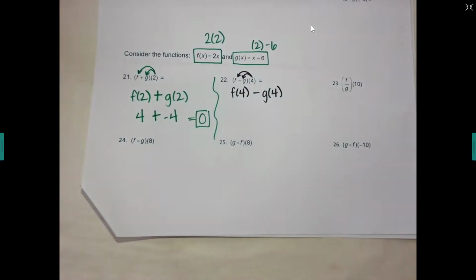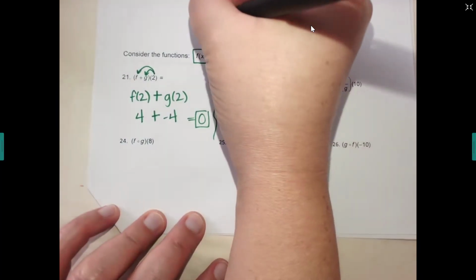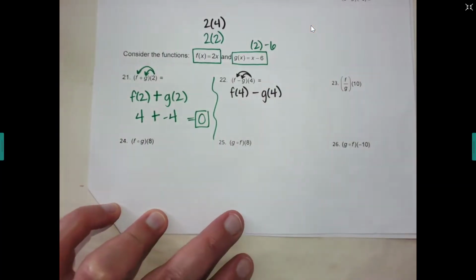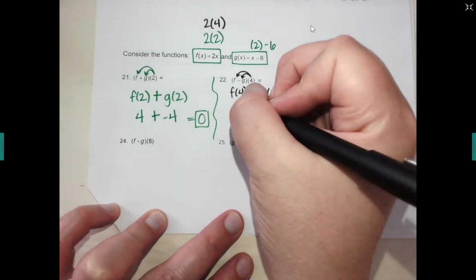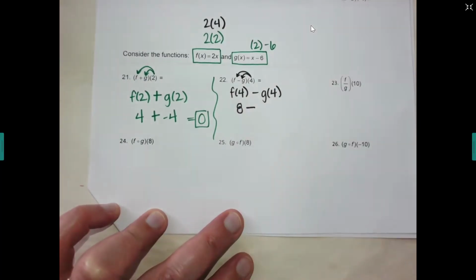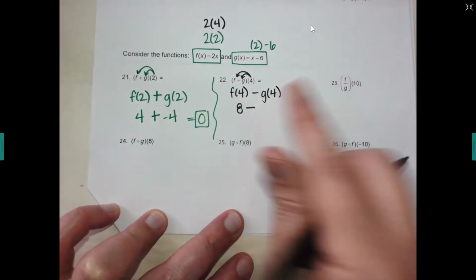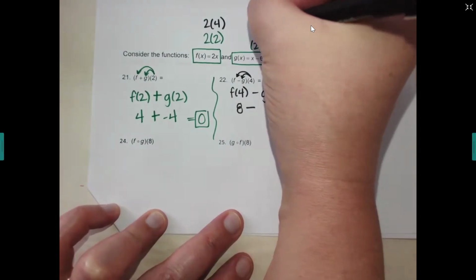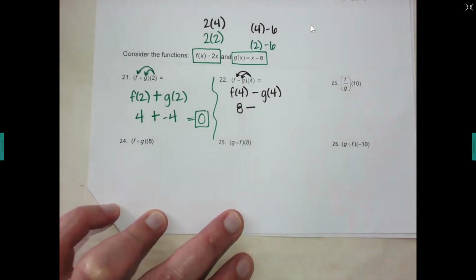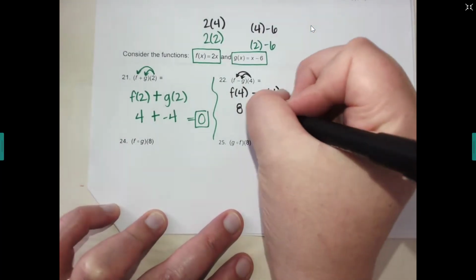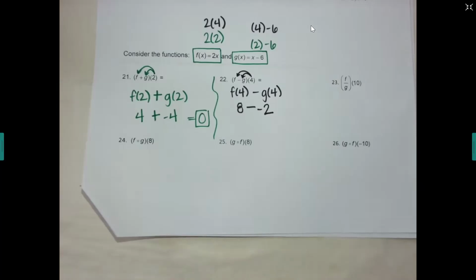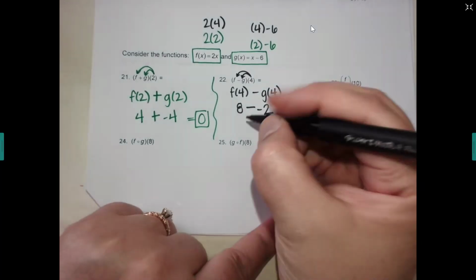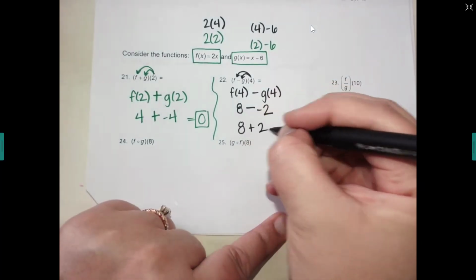So if f is 2x, then I want 2 times 4. What's 2 times 4? 8. Next, we're finding g of 4. That'd be 4 minus 6, which is -2. And then what happens if you get 8 minus -2? That's really a plus, which means it's 8 plus 2, which is 10.